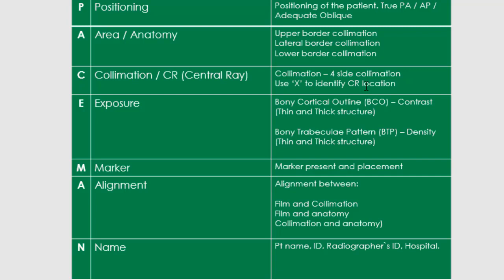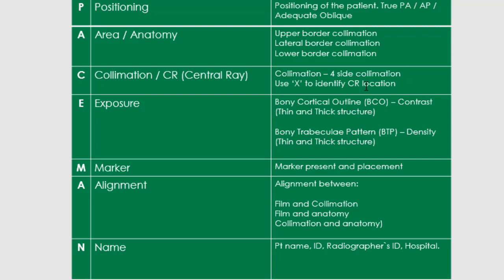Okay, if you can see 4 side collimation, you do the X connecting the borders, then you find the central ray placement and state where the central ray placement was done. If it is apart from T7, you just state it. If it is 3 side or 2 side collimation, you just need to mention it, therefore we cannot identify the CR location.